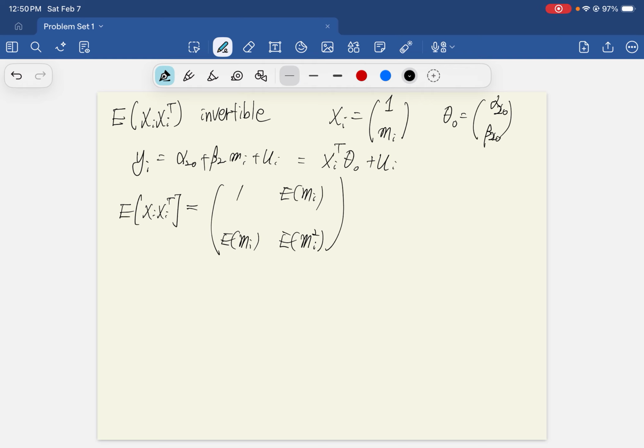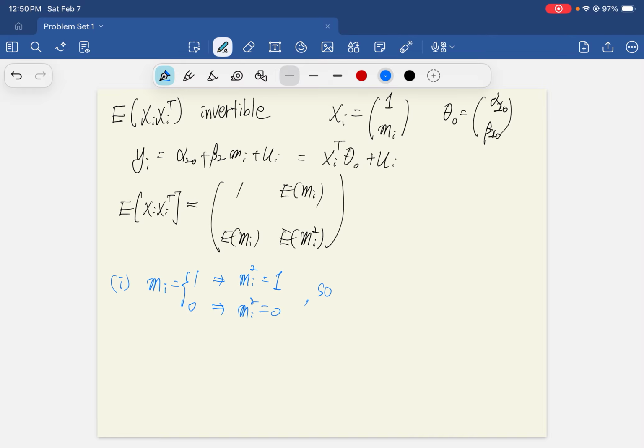One thing to think about here is m is 1 or 0. When m is 1, m squared is 1. When m is 0, m squared is 0. So m squared is always m. As a result I can rewrite this this way, using result 1.